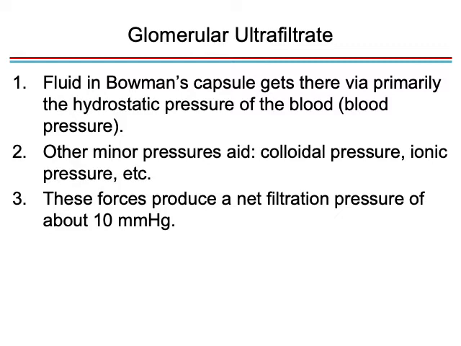There are other different types of pressures that help add things in, like colloidal pressure for the amount of proteins in there, ionic pressure for salts and things like that, and there's a net amount of pressure that ensures that plasma moves from the glomerulus into the nephron, Bowman's capsule.